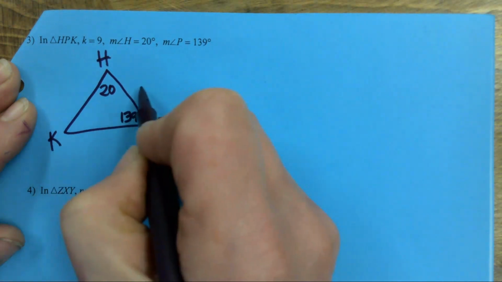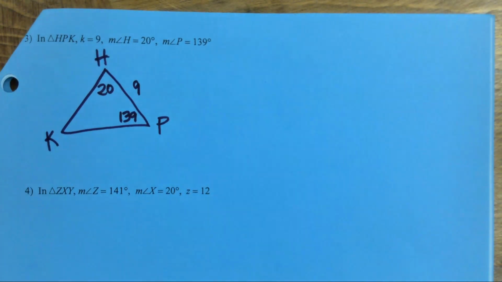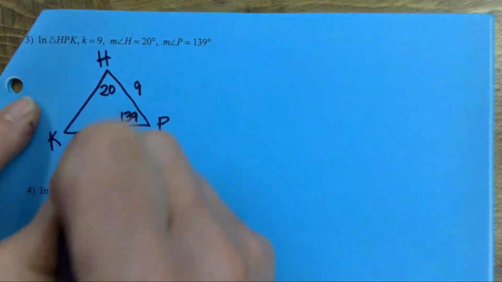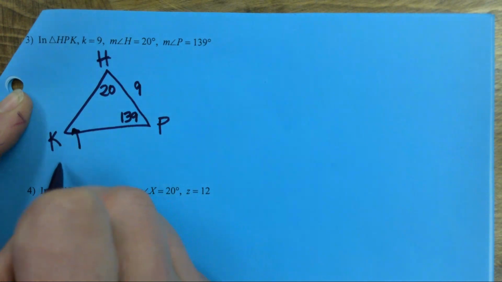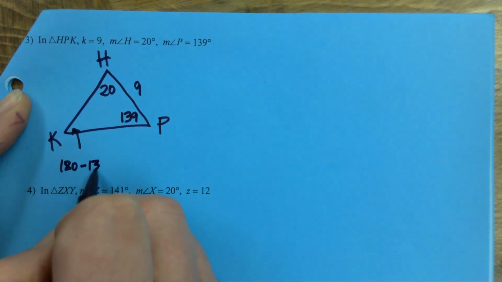And side K is 9. That is an angle side angle. Again, remember, it doesn't matter if it's an angle side angle or an angle side, you always have to find the third angle. And so I have to find this missing angle here by using 180 minus 139 minus 20.